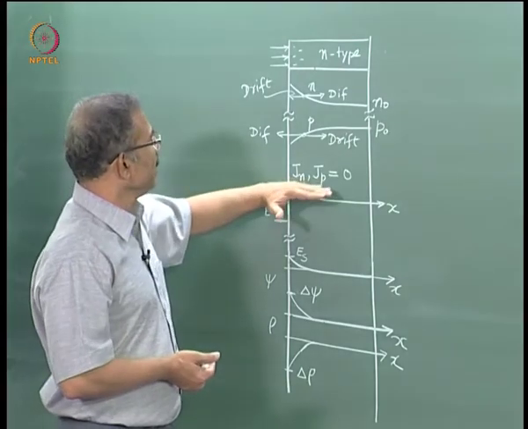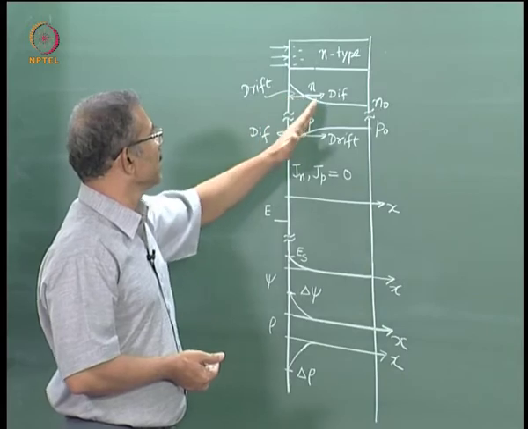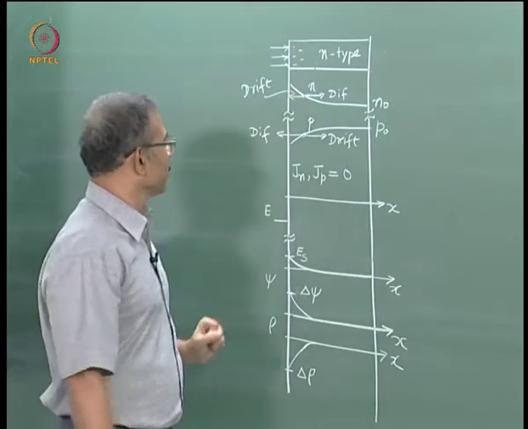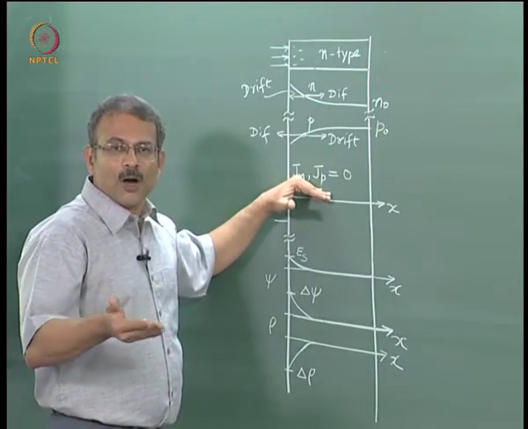Coming to Jn and Jp, each of them is 0 because for electrons and for holes separately the drift and diffusion are exactly balanced, and they are opposite to each other. So no current flow. This is again a sign of equilibrium state.